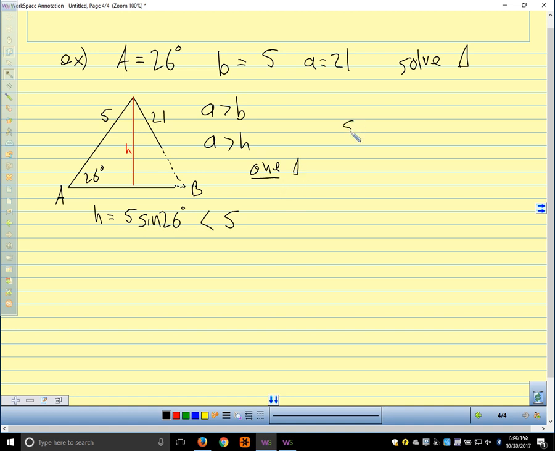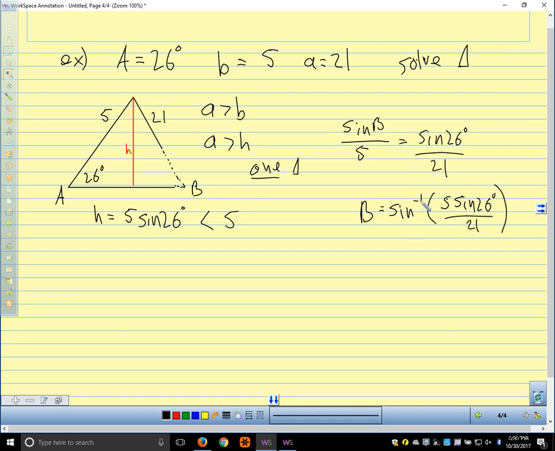And then we would use the law of sines. So sine B over 5 equals sine 26 over 21. And I put the angle on top, the sine B on top, because I'm trying to find the angle. And from this, I get that B is the inverse sine of 5 sine 26 over 21.